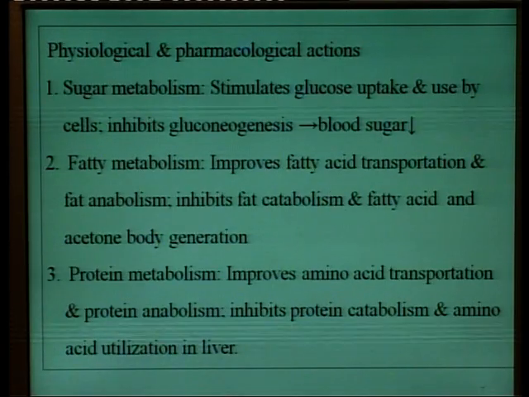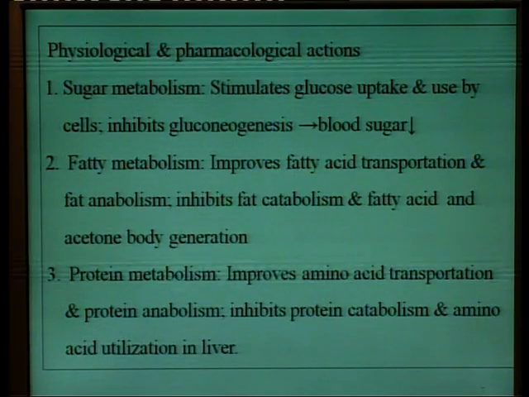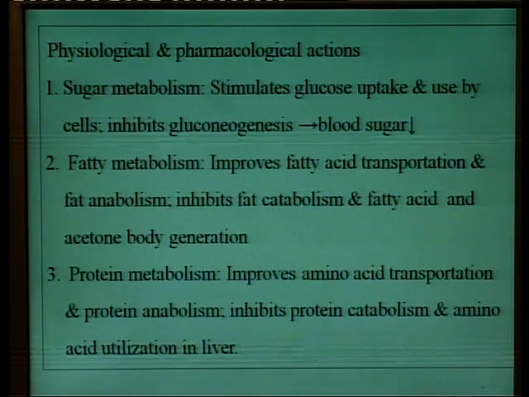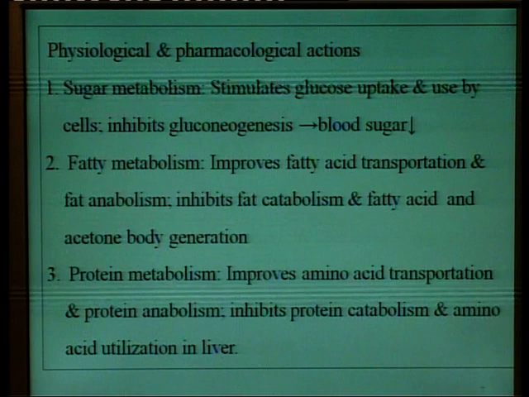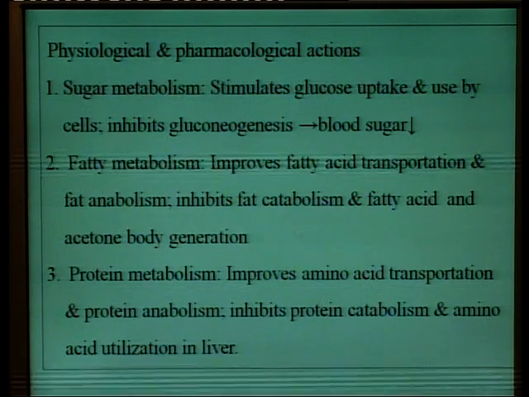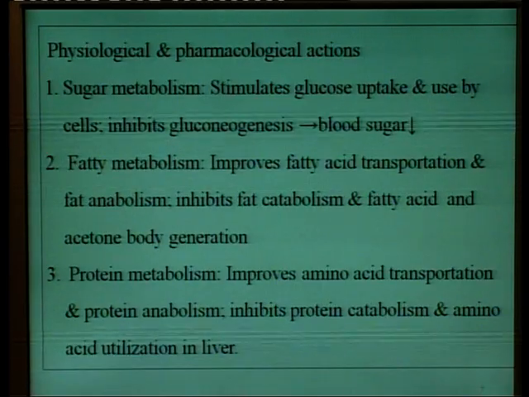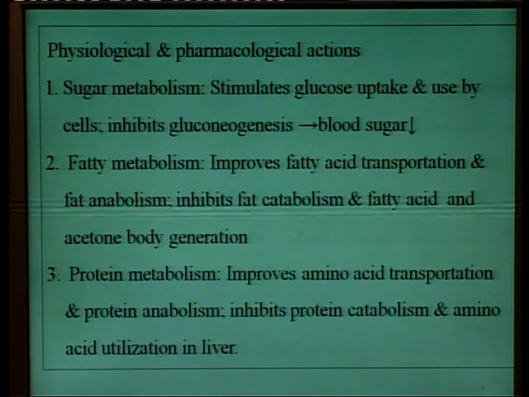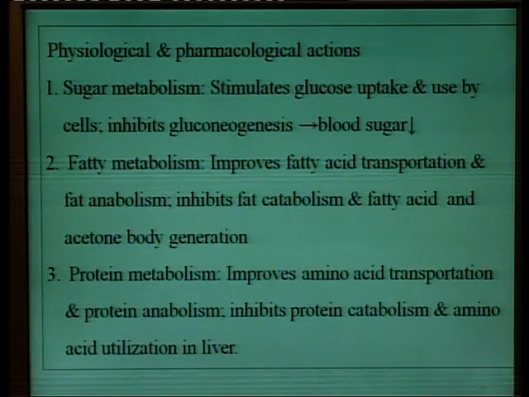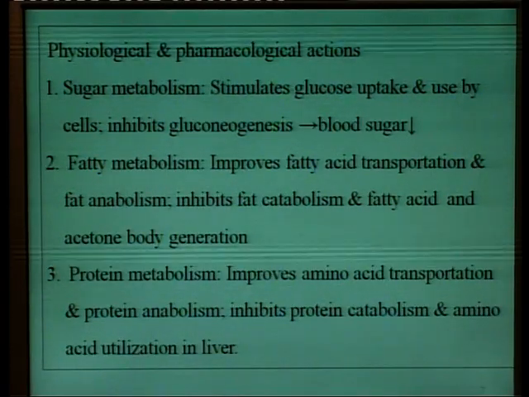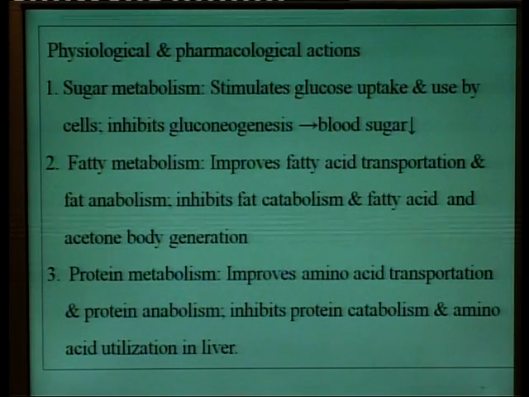Its physiological and pharmacological actions, we have to take 3 of them into consideration: sugar metabolism, fat metabolism and protein metabolism. Coming to the first, sugar metabolism, it stimulates glucose uptake and use by the cells and inhibits gluconeogenesis, lowering the blood sugar.